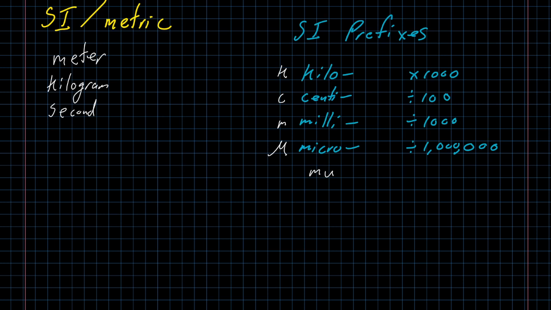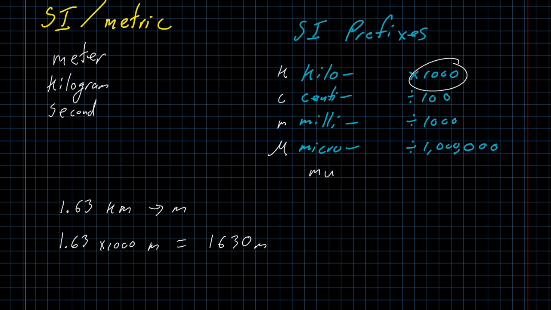With the SI prefixes, we get immediately the information we need in order to have conversions. So if I want to write 1.63 kilometers in meters, well, kilo means times 1,000. So this is 1.63 times 1,000 meters. 1.63 times 1,000 is 1,630.